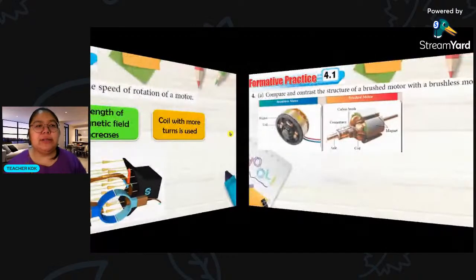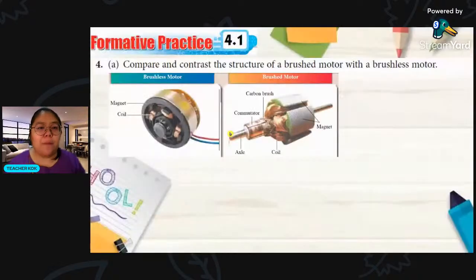Okay, now we go to number four. We compare and contrast the structure of the brushless motor and the brush motor. First one, the brushless motor, then the other one is the brush motor. Structure: we know both have a magnet and both have a coil, agree? Then how they function.